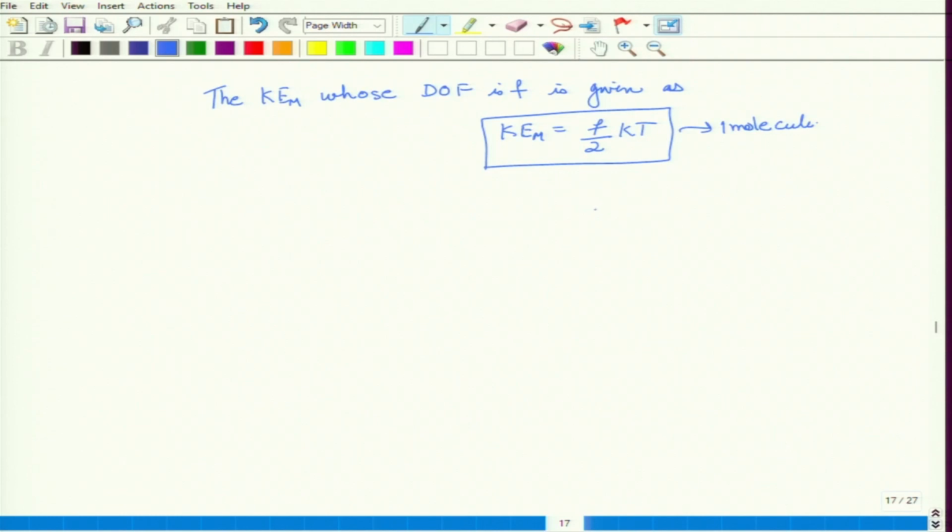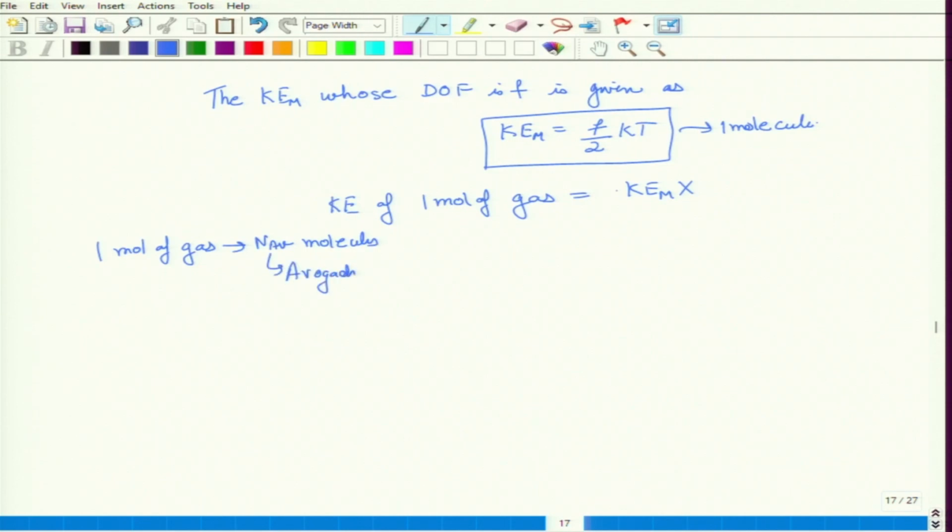So now if I want the kinetic energy of 1 mole of gas, that is nothing but the kinetic energy of a molecule multiplied by the number of molecules. In 1 mole of gas we know there are Na molecules, which is the Avogadro number.